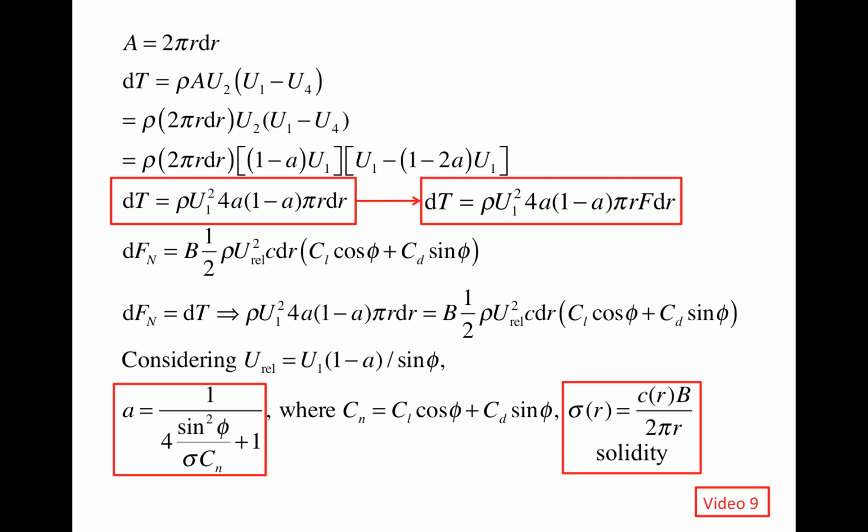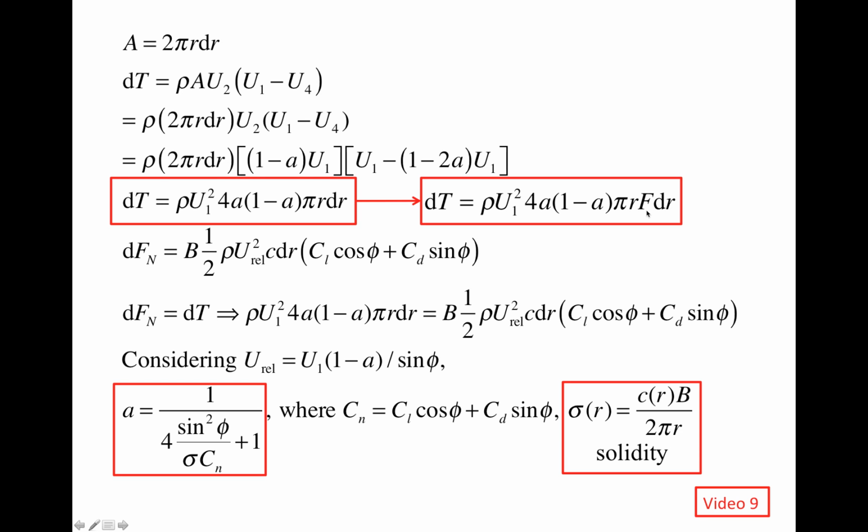In the abstract model, we are assuming an infinite number of blades, but in reality, we have a finite number of blades. So to account for this tip loss effect on turbines with a finite number of blades, Prandtl derived a correction factor F, to the equations of the thrust and torque.